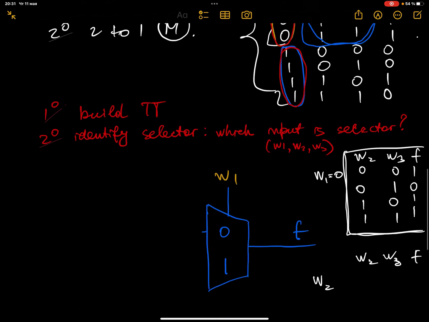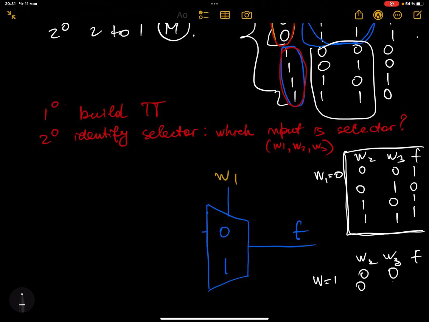When the value of W1 is 1, so when the selector's value is 1, this is going to be the case. So 0, 0, 0, 1, 1, 0, 1, 1, with outputs 0, 1, 1, 0, 0.